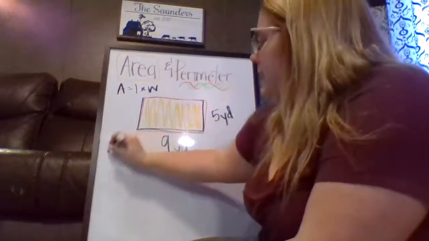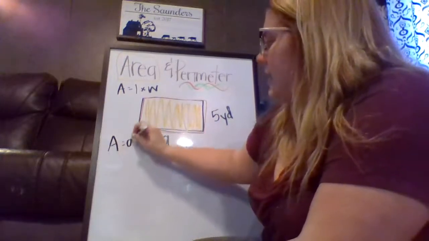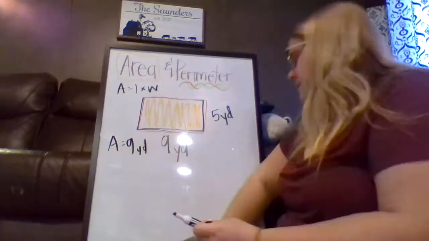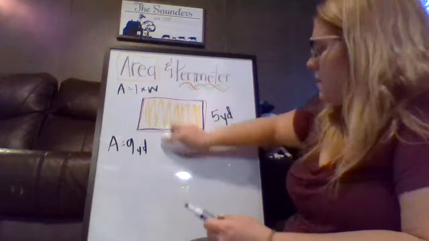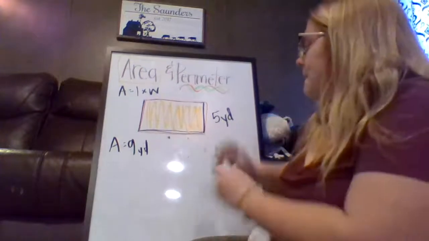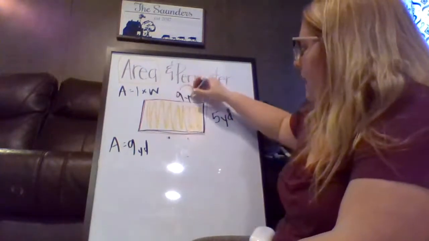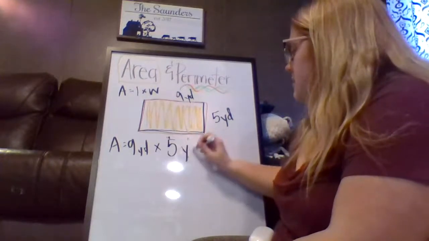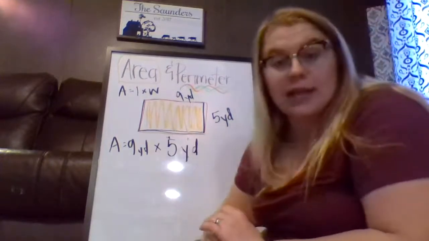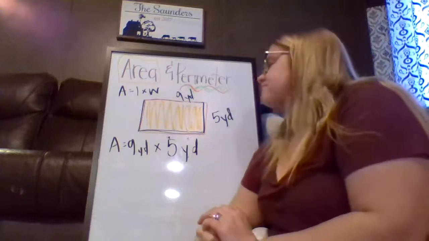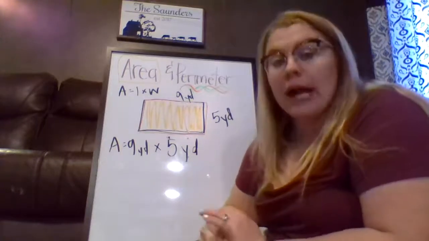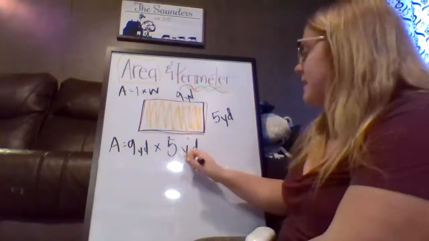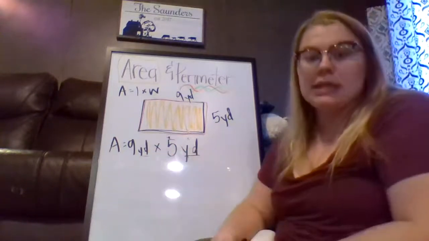So the area would be 9 yards times 5 yards. Here's where area gets a little bit tricky. It's super important when we do area and perimeter that we include our units because that tells us what our number means.